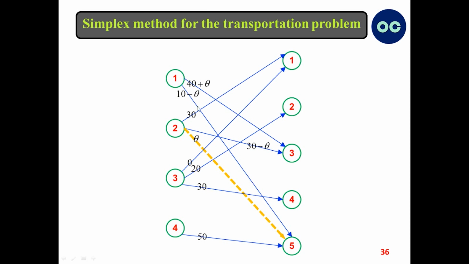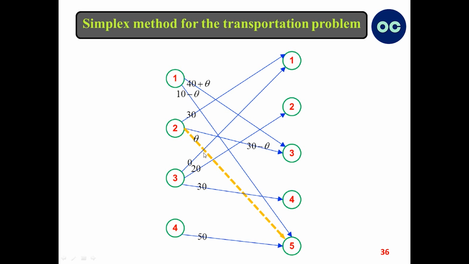If we add to the arc a flow of theta, we update the other variables as follows. In this figure, the value of theta needs to be increased while ensuring that the flow of all arcs is non-negative.